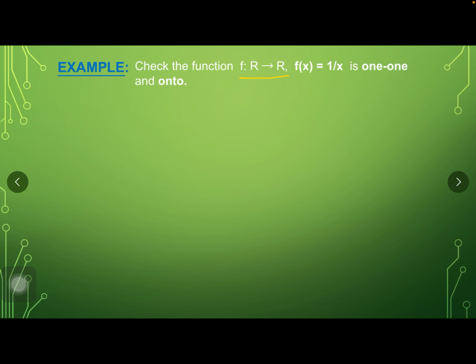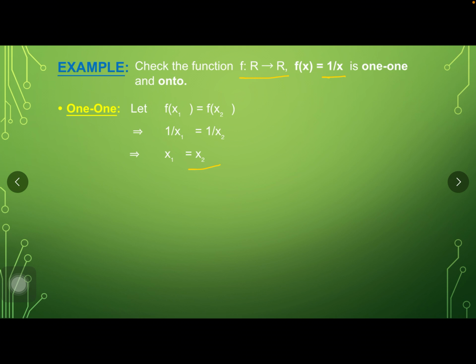Clear? Next, if we take another example for this, that is, check the function f such that R to R, and function f(x) is given by 1/x. We have to check whether this is 1-1 or onto. So first we check 1-1. So let f(x1) equal to f(x2).